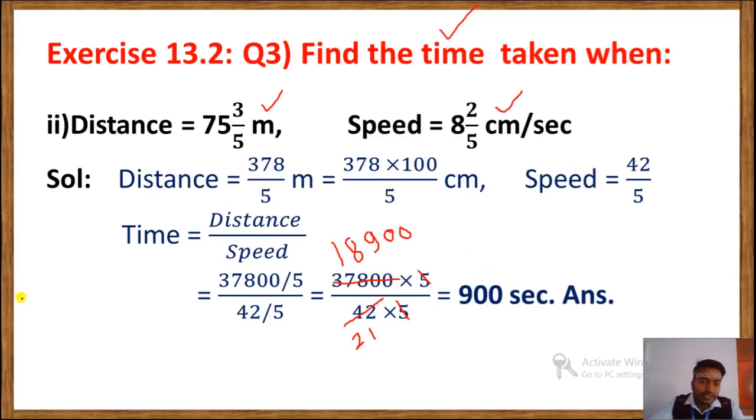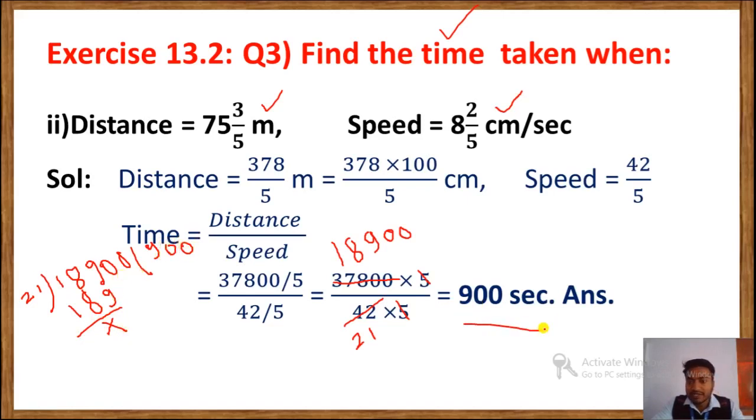Let me divide and check. First it will go 9 times, 9 1s are 9, 9 2s are 18. Totally cancel. Now 2 0 left, then give here 2 0. That means 900 second. This is the answer of this question.